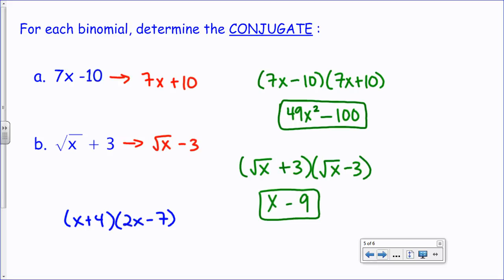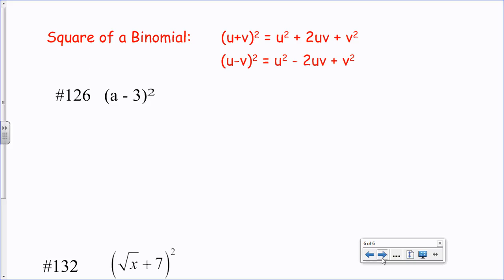You would just use FOIL. These are special cases. Same with this. Squaring a binomial, we have a shortcut. I will use this shortcut a lot. You will end up memorizing it because we use it so frequently.